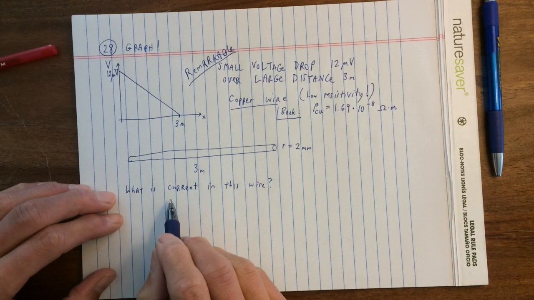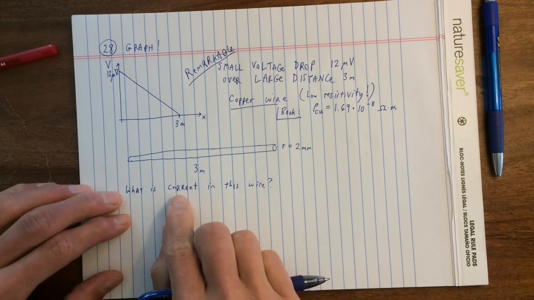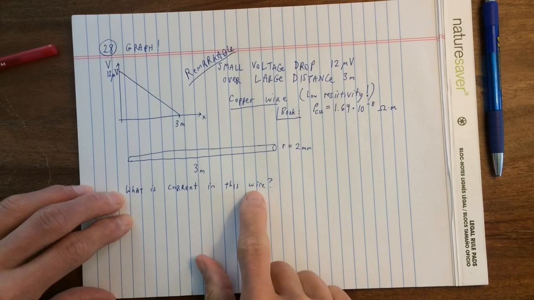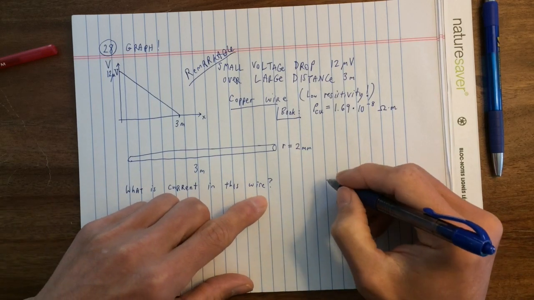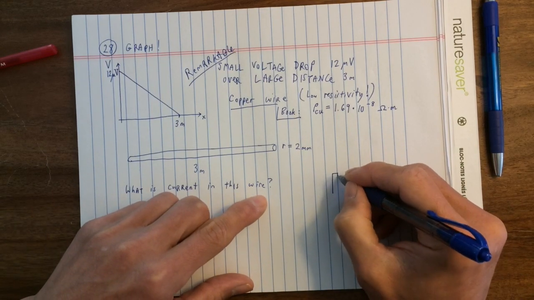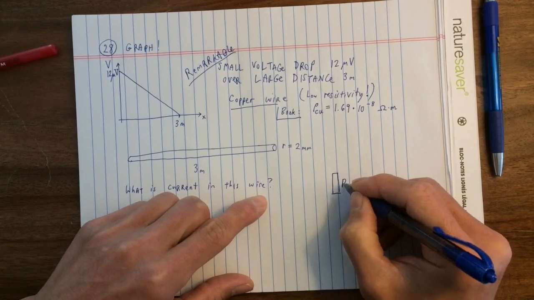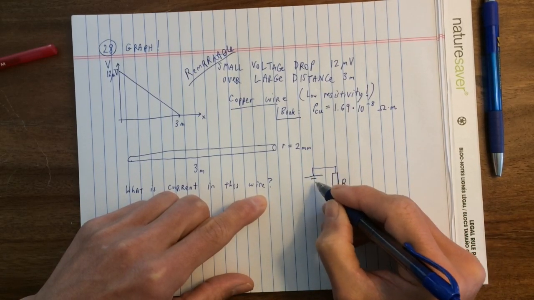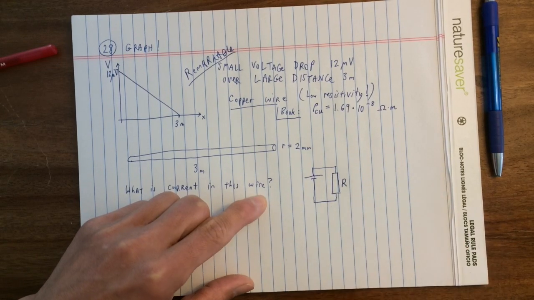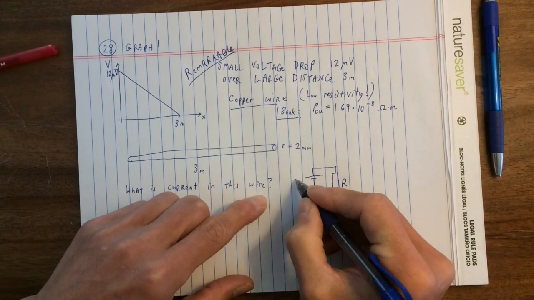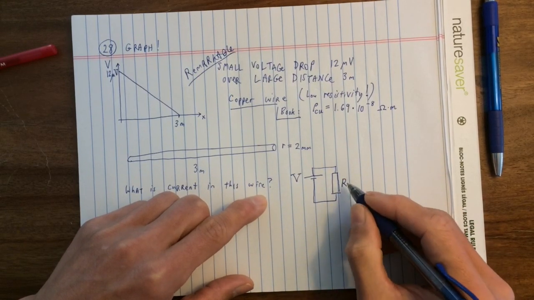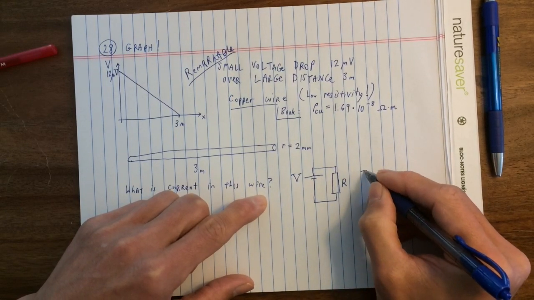So it's like, I wonder how I'm going to figure this out. When I think of current, I think of a current being driven through a resistor because it's connected to a battery, right? And so normally in order to figure out the current, I want to do something like this.